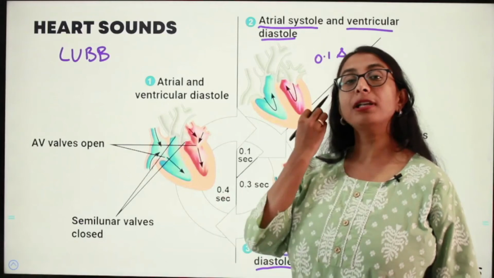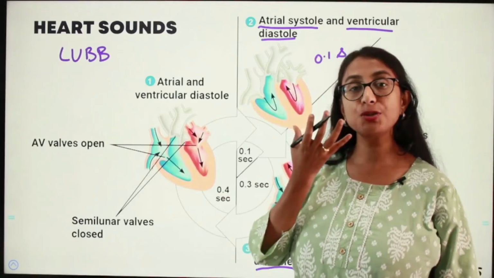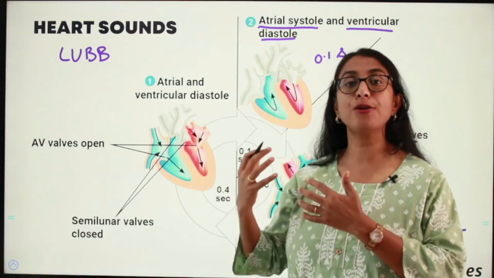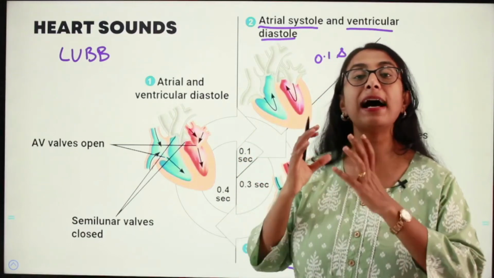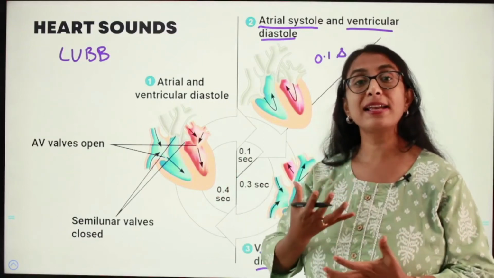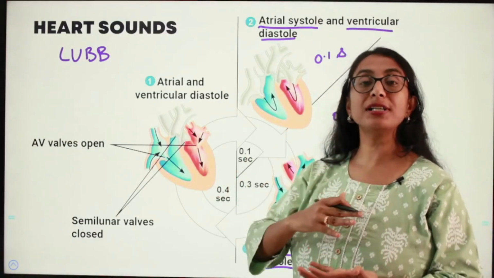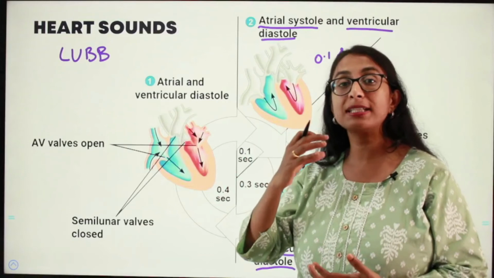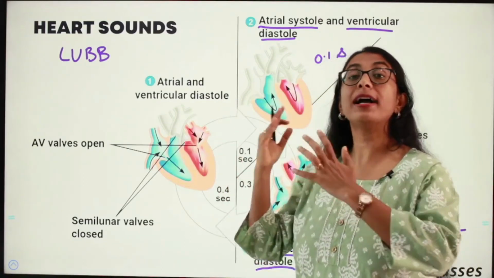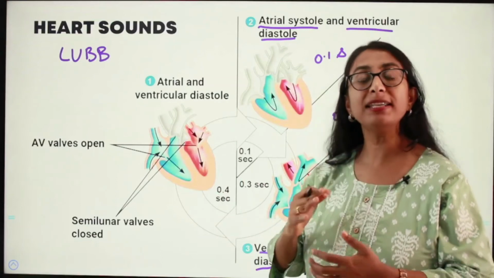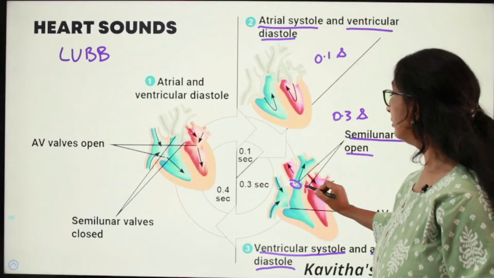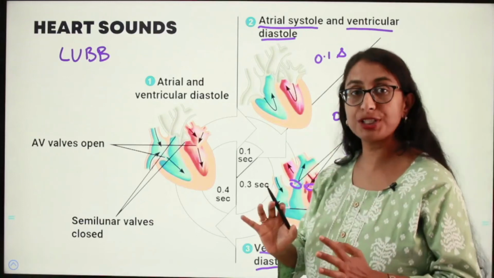Now, after ventricular contraction, the ventricle starts to relax. Blood has been pumped into the pulmonary artery and the aorta, and the blood pressure inside the artery and the aorta is high, whereas because the ventricles are relaxing, the pressure in the ventricles is low. This might result in the backflow of the blood from the artery and the aorta into the ventricles. To prevent this, the semilunar valves of the pulmonary artery and the aorta close.